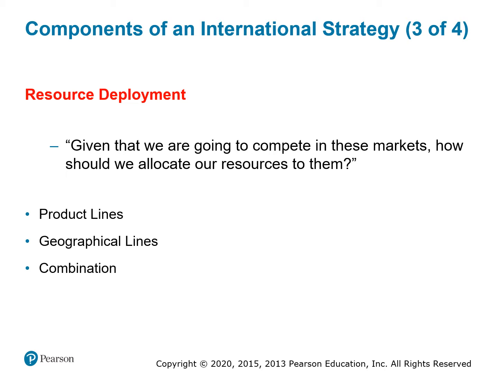Resource deployment might be specified along product lines, geographical lines, or both. For example, Boeing concentrates final assembly of most of its commercial aircraft in the Seattle and Washington area. Some large organizations may choose to deploy their resources worldwide.